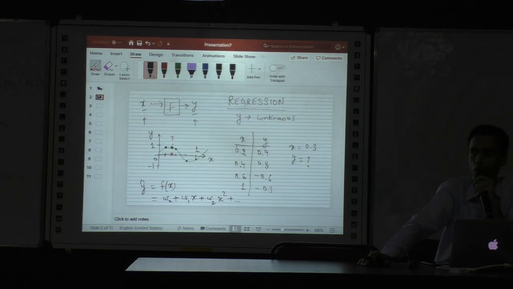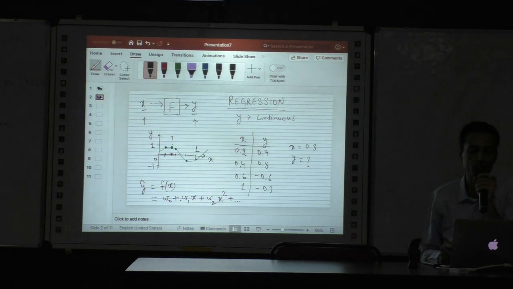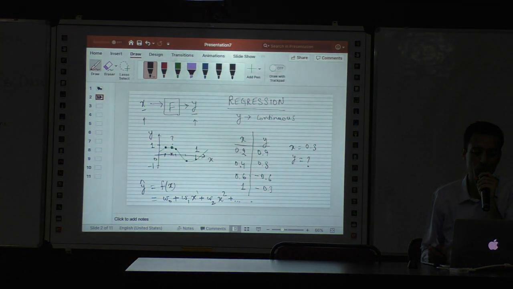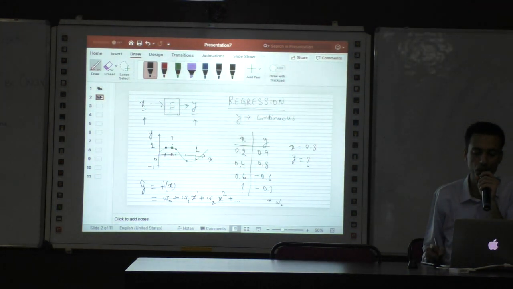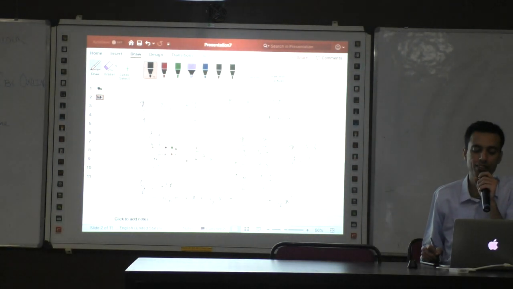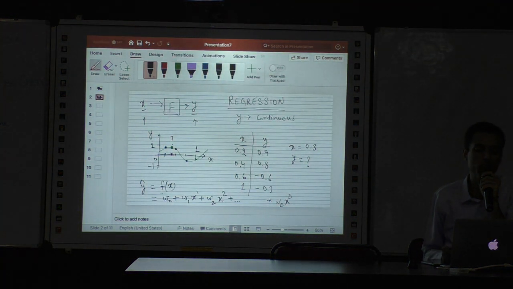So there is a theorem which says that if you take a general function of this form, basically w0 plus w1 x to the power 1, w2 x to the power 2, plus so on, plus wd x to the power d, if your d is sufficiently large, you can approximate any function f of x.